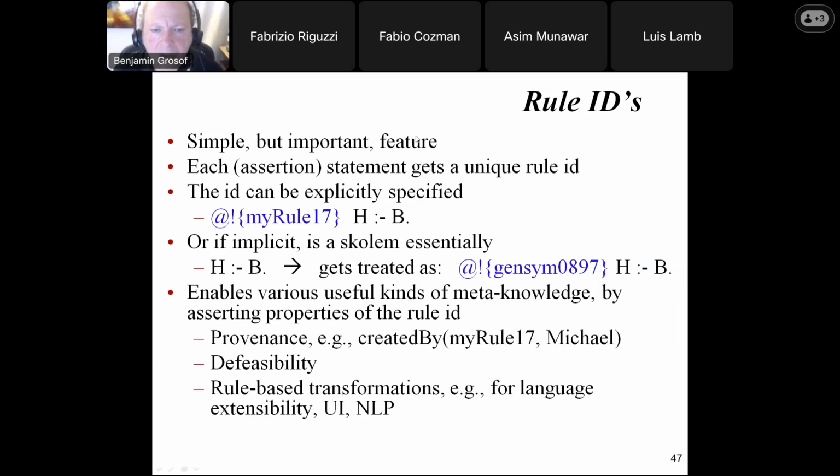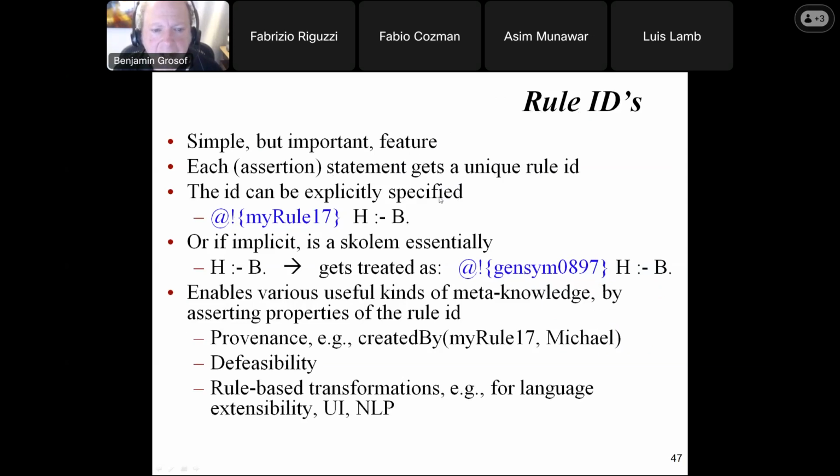Another thing that goes along with HiLog and reification, kind of like peanut butter and chocolate, is rule IDs. So this is a simple but important feature. Each assertion statement gets a unique rule ID when this expressive feature is present in the KR. And we kind of take this for granted in programming languages, but classical logic lacks it. LP was defined originally without it.